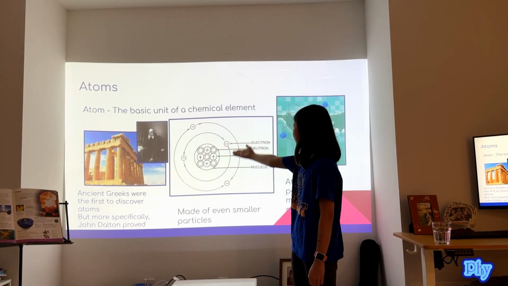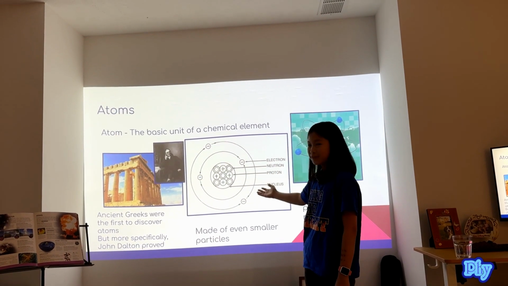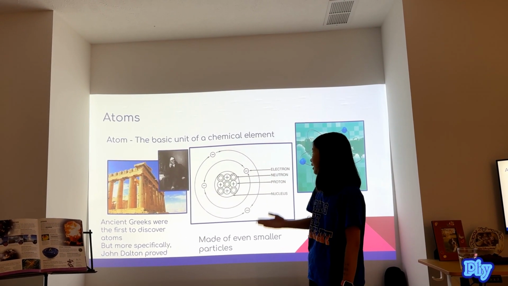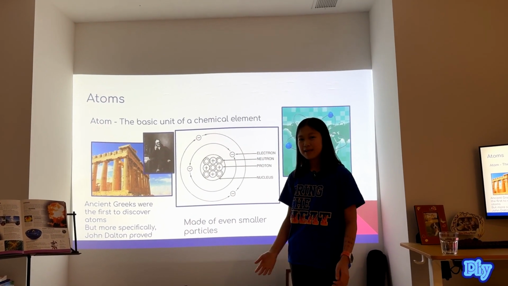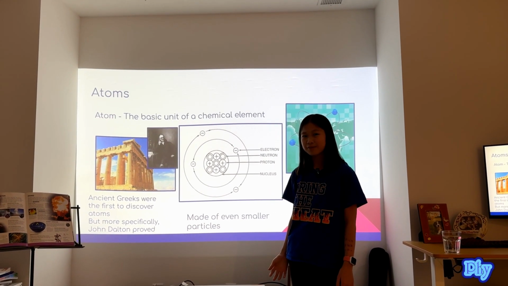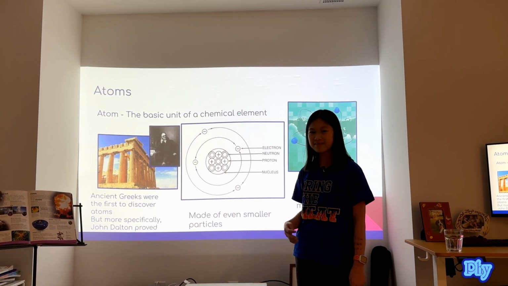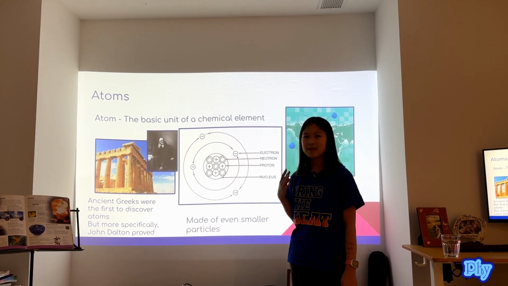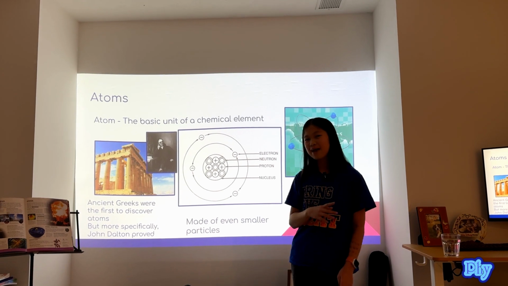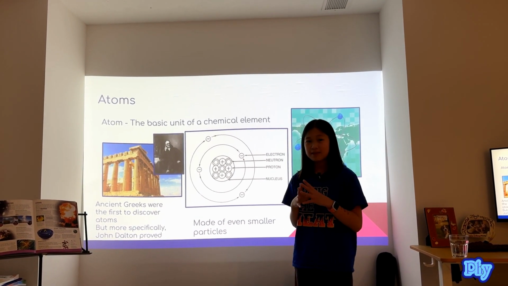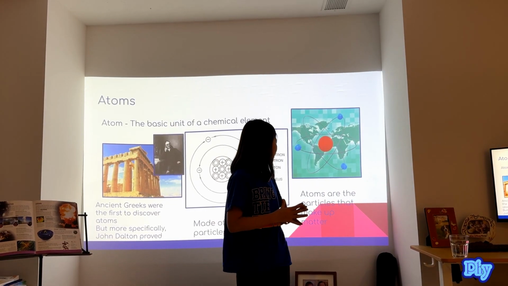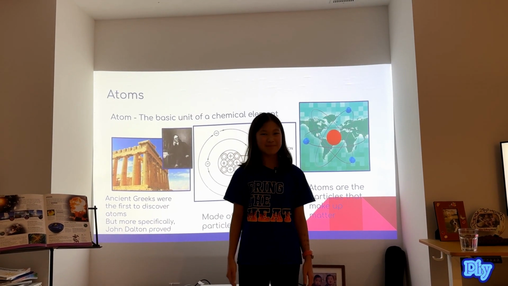In this diagram, which I will talk about later, we learned that atoms are made up of even smaller particles. Scientists discovered this not long ago because we have had to magnify images thousands of times. Lastly, atoms are the particles that make up matter.